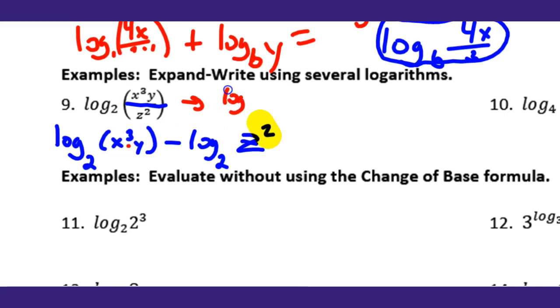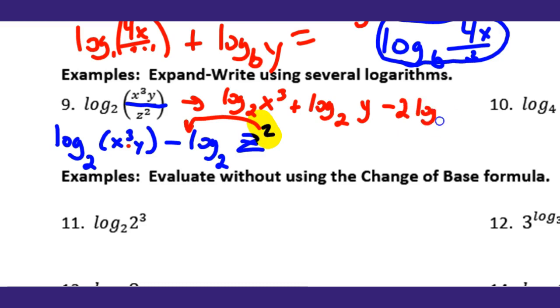So you have log base 2, remember same base the whole time, of x cubed plus log base 2 of y, right? Because that's multiplication. And then we still have this minus. Actually, let's go ahead and do the product rule. Minus, remember that 2 is going to come out front. Minus 2 log base 2 of z.